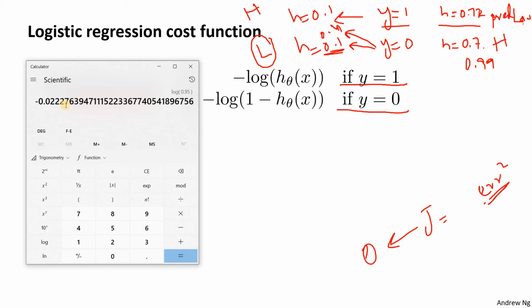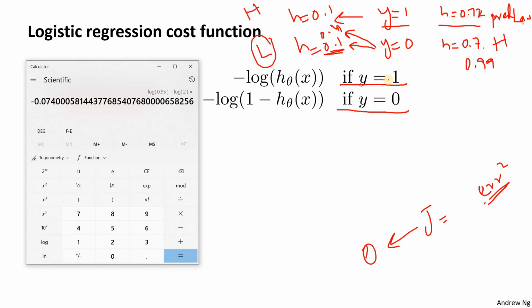If we divide it by log 2, then it will give me this, minus 0.074.